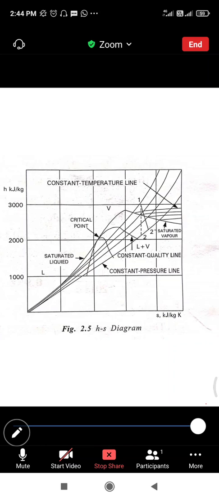We have also learned about subcooled or undercooled water and saturated water. We discussed the types of steam: wet steam, dry steam, and superheated steam.